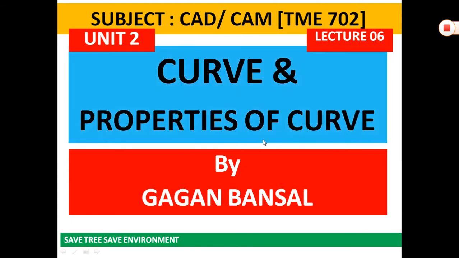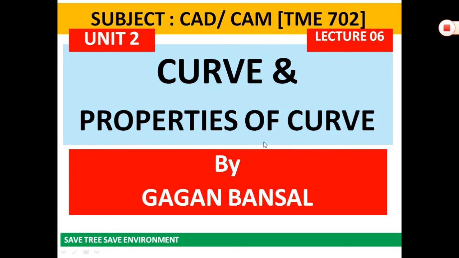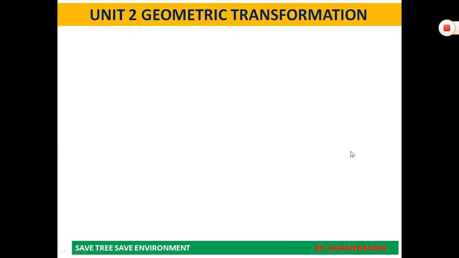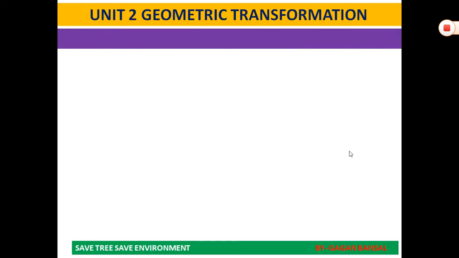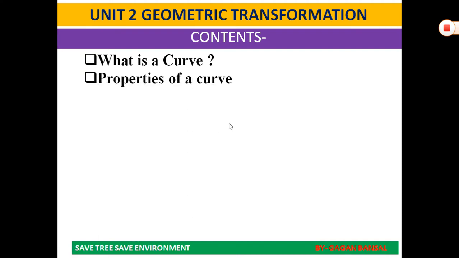In geometrical transformation, we have studied what is geometrical transformation and what are various types of geometrical transformations. So in this particular content, we will be studying what is a curve, or to be very specific, we will be studying what is a spline curve. Then we will be studying certain properties of the curve. Properties of the curve can also be termed as certain terminologies that are used to describe different types of curves in geometrical modeling.